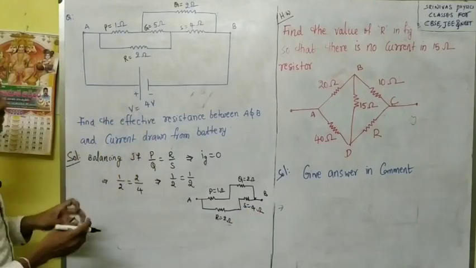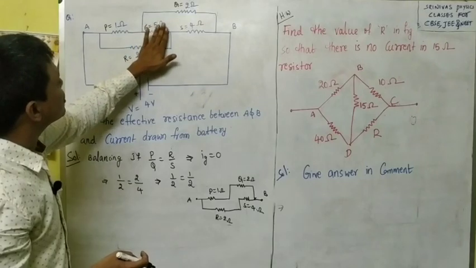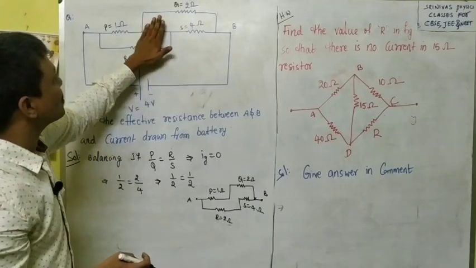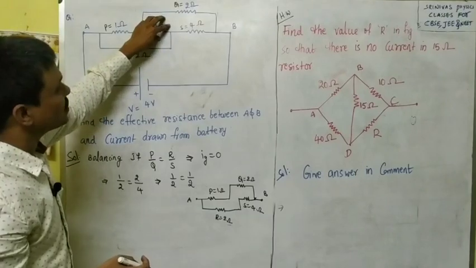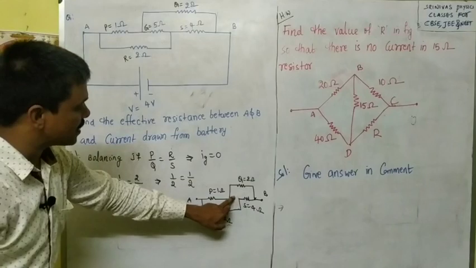Very simple. Just remove this part. Why are we removing this part? Because P by Q equals R by S, so the current through the galvanometer is 0, the current through this part is 0. When the current through this part is 0, this part is removed, and you get the circuit like this.